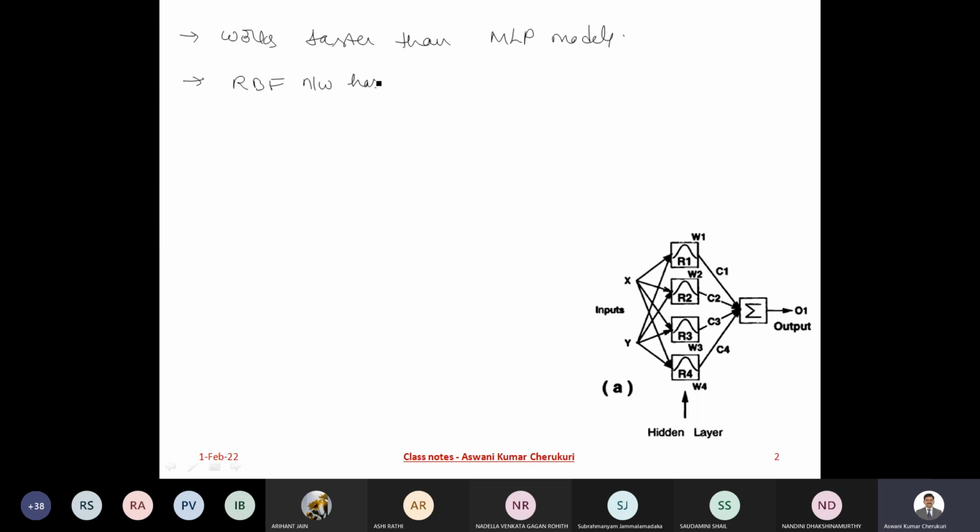The RBF network has its biological inspiration coming from locally tuned overlapping receptive fields.